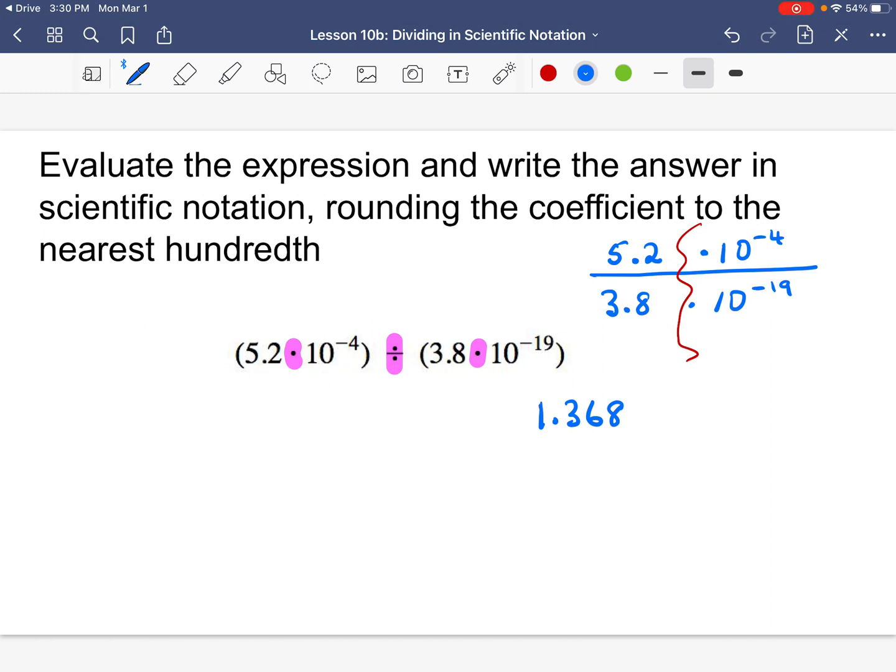Then I'm going to multiply or divide my base and exponent pairs. So I get 10 to the power of negative 4, and when I divide by negative 19, that becomes plus 19 when I bring it across the fraction bar. So I get 1.368 times 10 to the power of 15.